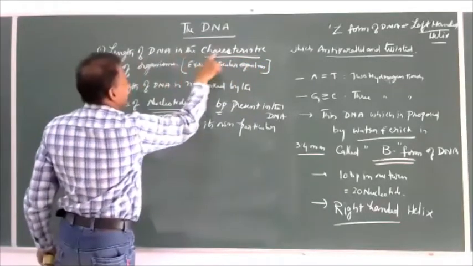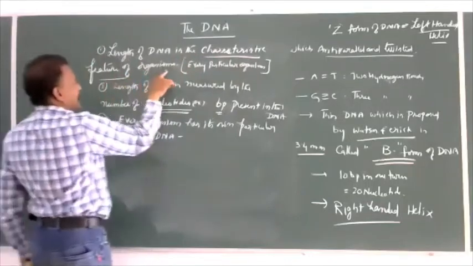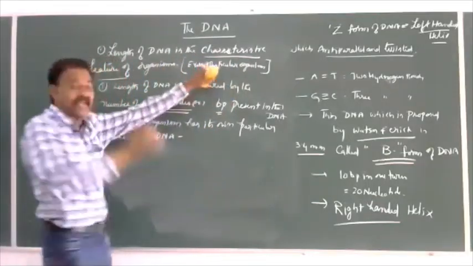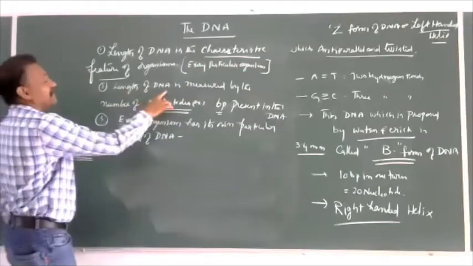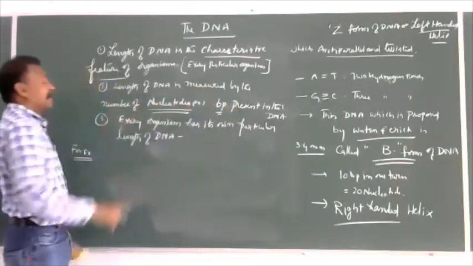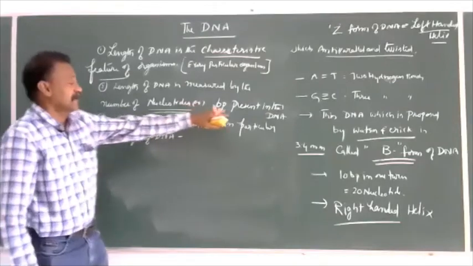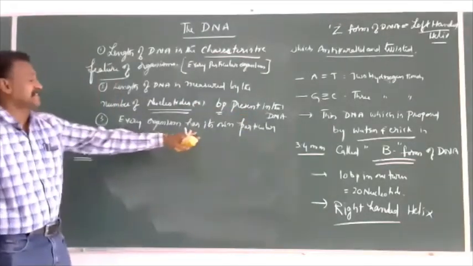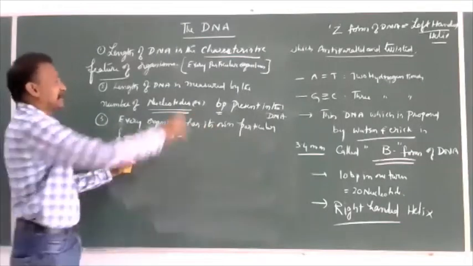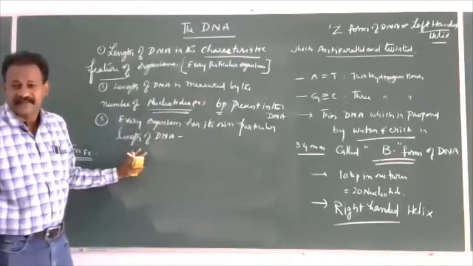Length of DNA is the characteristic feature of every particular organism, and it is measured by the number of nucleotides or base pairs present in that DNA. Every organism has its own particular length of DNA.